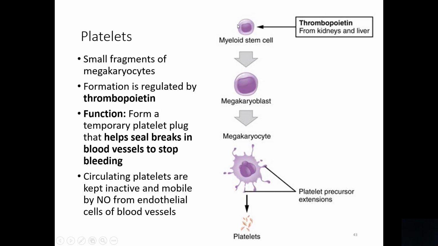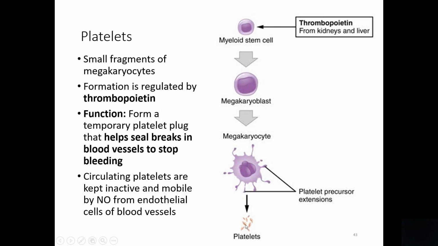In our bone marrow, under the thrombopoietin hormone regulation, which is produced in kidneys and liver, stem cells turn into megakaryoblast, then megakaryocyte, huge cells. And those huge cells, megakaryocytes, break into thousands of tiny pieces. Those pieces are called platelets or thrombocytes.